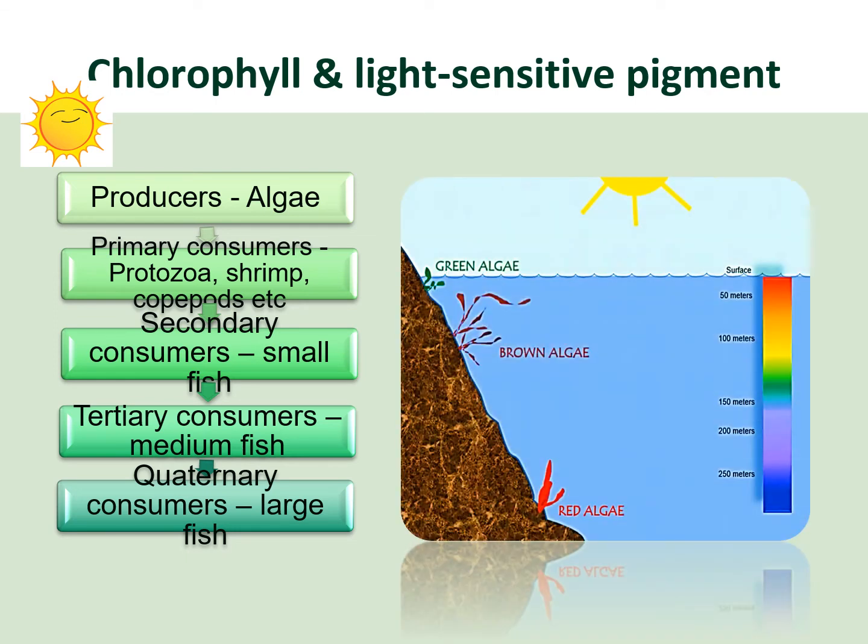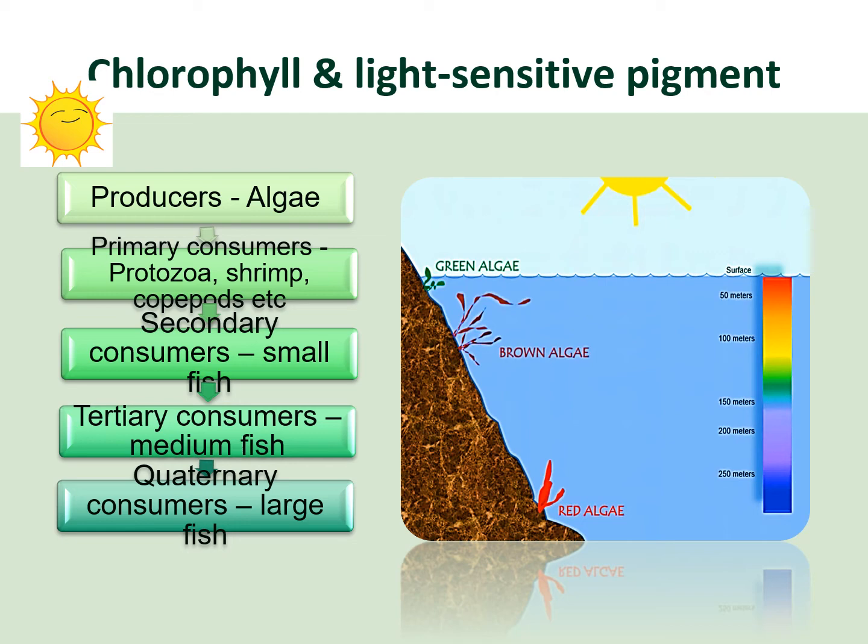As the water gets deeper, less light makes it to deeper water. Next come the yellow, green, purple, and violet, and the blue light is actually able to penetrate water deeper. If these algae contain pigment that is able to absorb blue light, then these algae are able to survive at deeper depths of water.